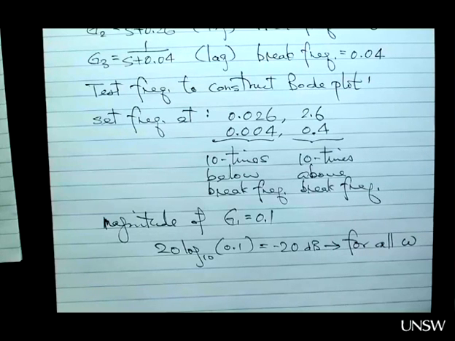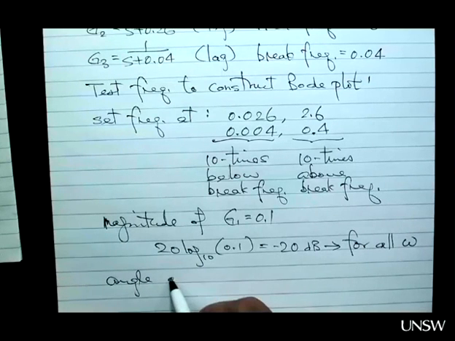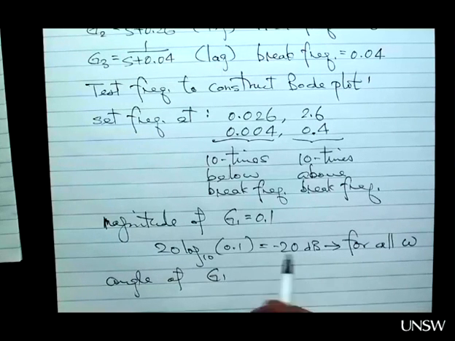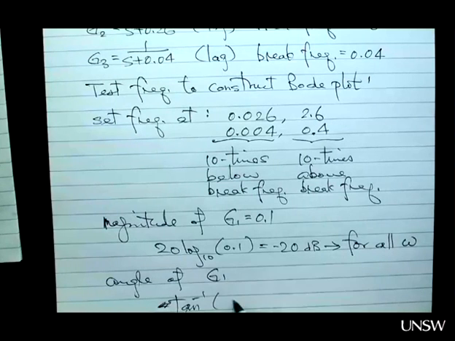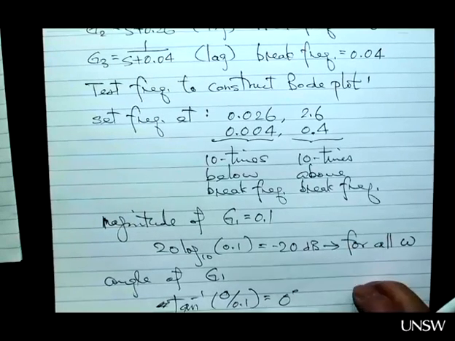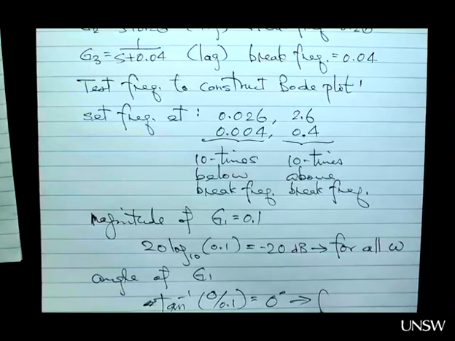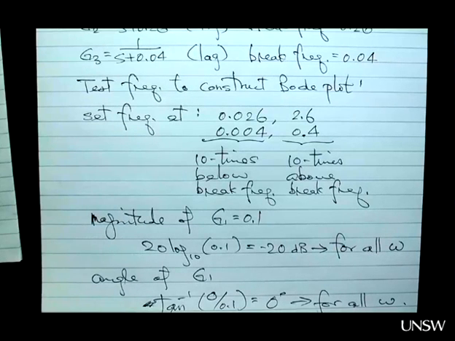And then the angle of G1, okay, it is the arctangent, the zero, the imaginary part over the real part. So it is 0 degree. Again, this is also for all frequencies. Okay with this?